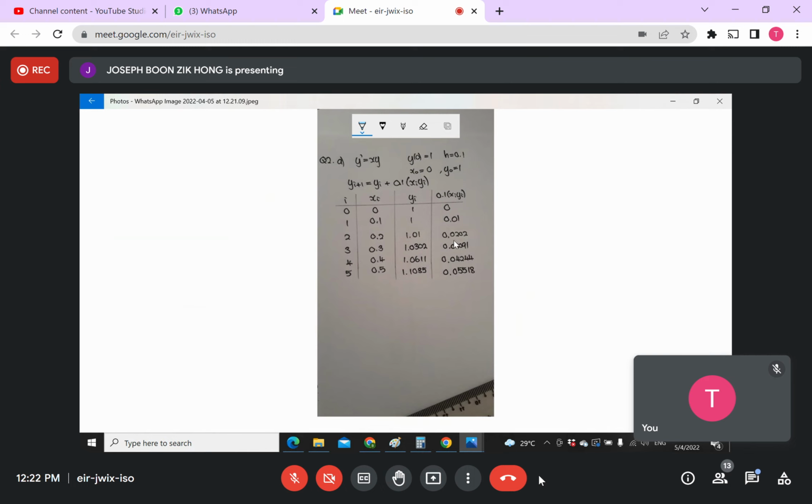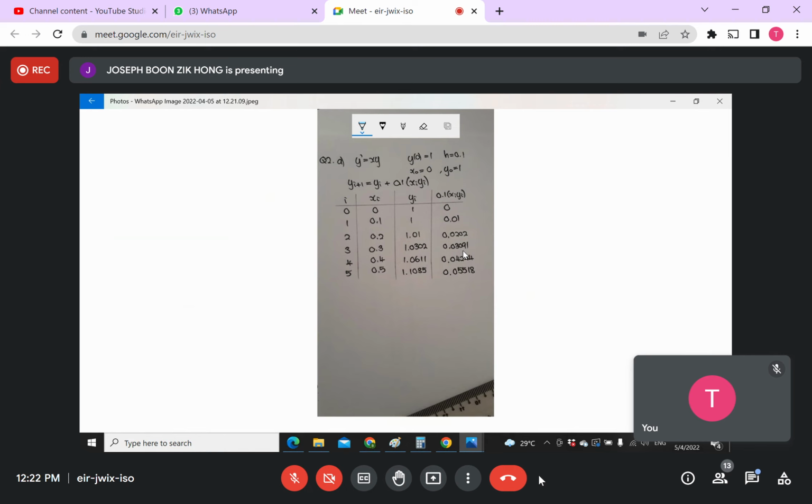And then it should be 1.01 plus 0.0202, so 1.0302. And then 0.3 times 1.0302 times again 0.1, so 0.03091. Okay, rounded already.